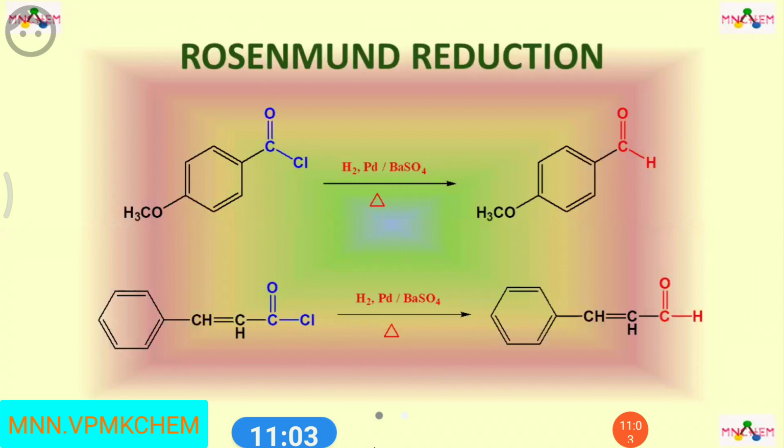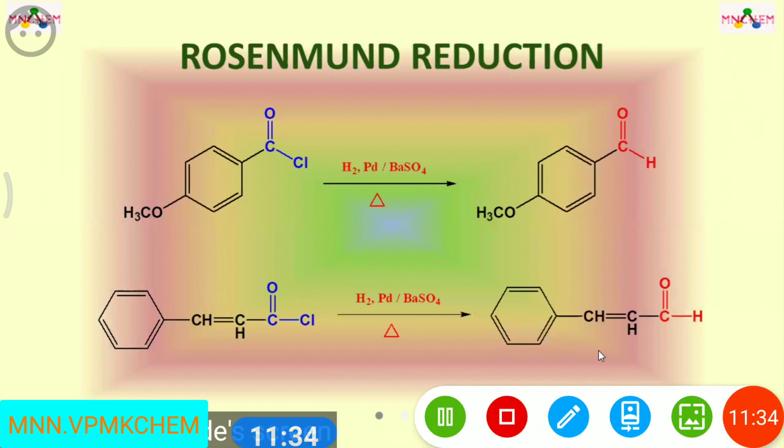Here, if the acid chloride of cinnamic acid is taken, then Rosenmund reduction gives cinnamaldehyde as a product. The reduction of the carbon-carbon double bond is not observed at all. So we can say this is a selective conversion of acyl halides into the corresponding aldehydes.